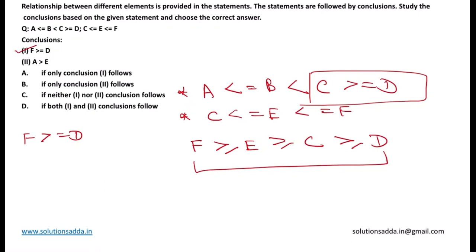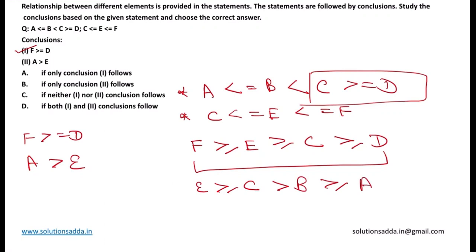Let us check for the second conclusion, A greater than E. Now E is greater than equal to C, and C is greater than B and B is greater than equal to A from the first statement.